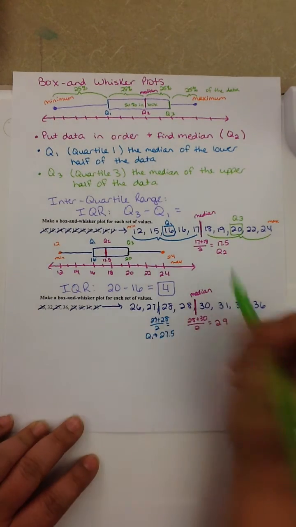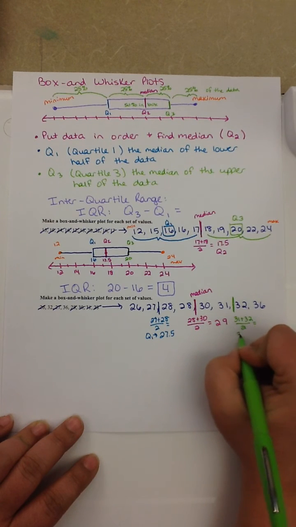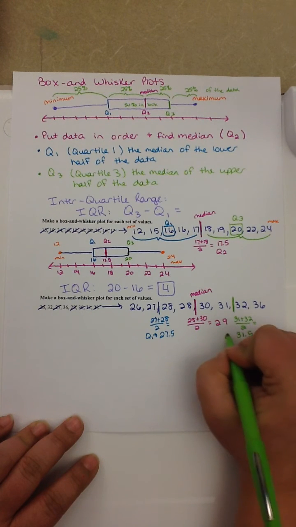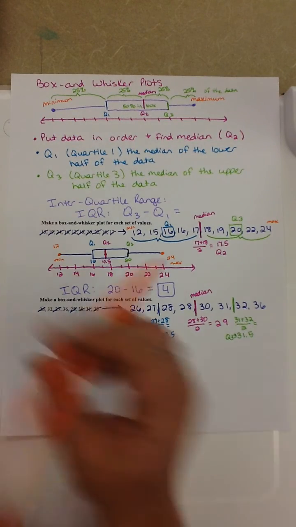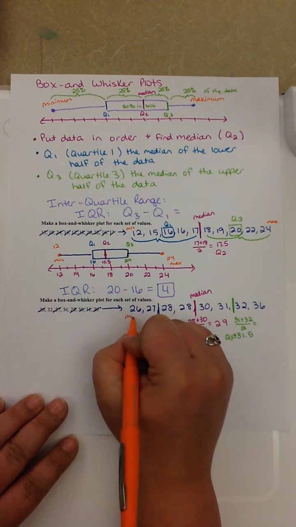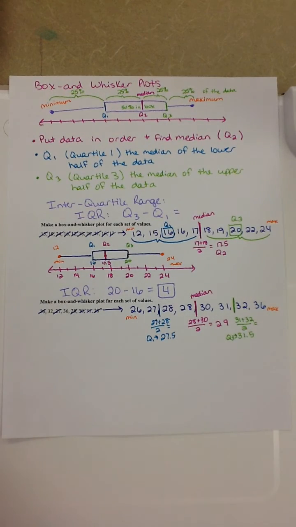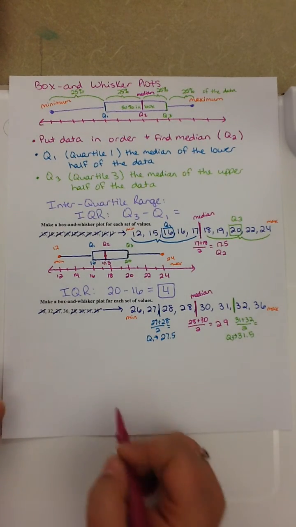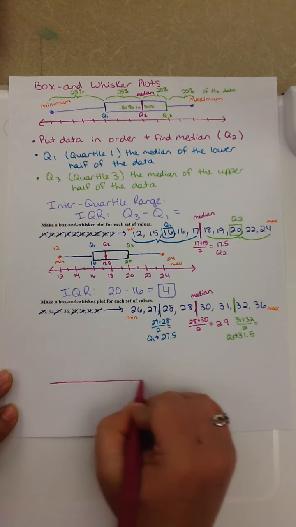And then the upper half, middle is in here. 31.5 is my Q3. Then my minimum is here at 26, and the maximum is at 36. So when I make my number line, I'm going to have to go from 26 to 36.